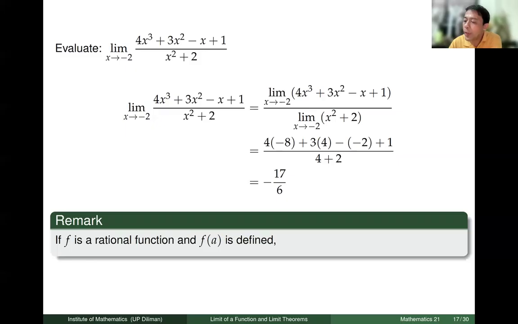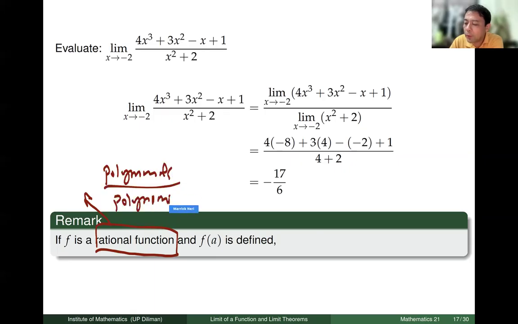Now, if you look at this expression, this is a rational function. So what is a rational function? A rational function is a quotient of a polynomial or of two polynomials. A polynomial over polynomial. So that makes it a rational function.